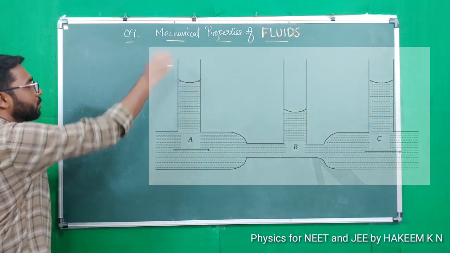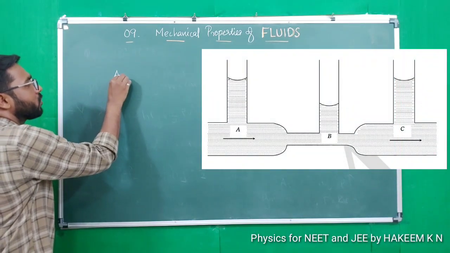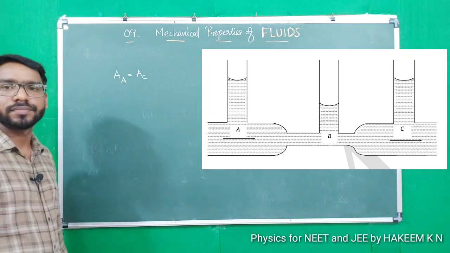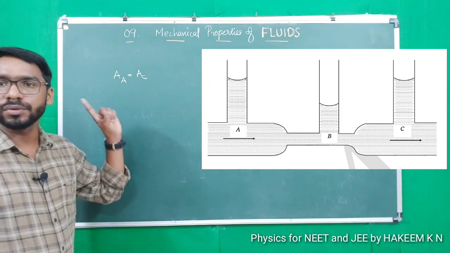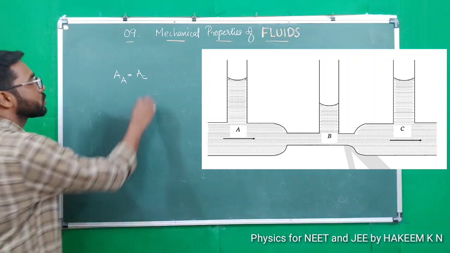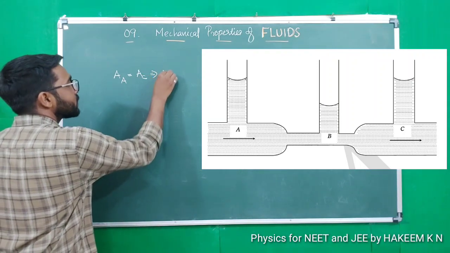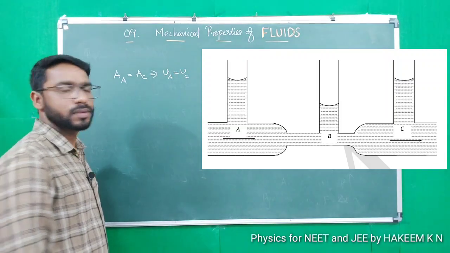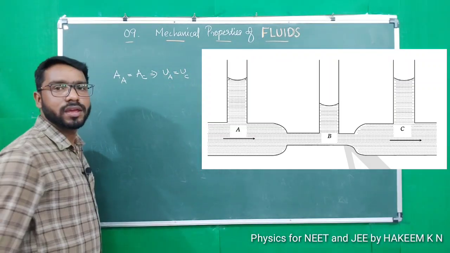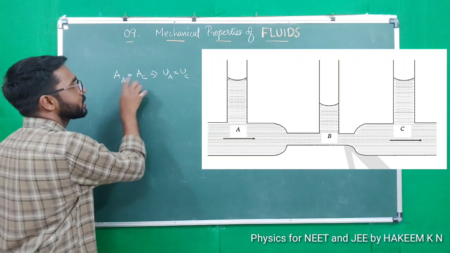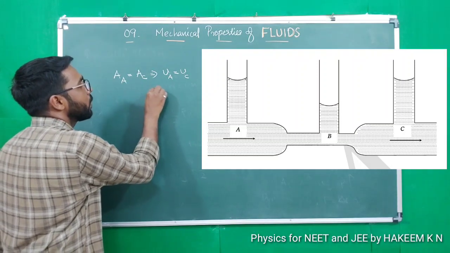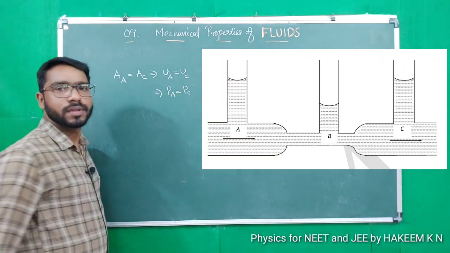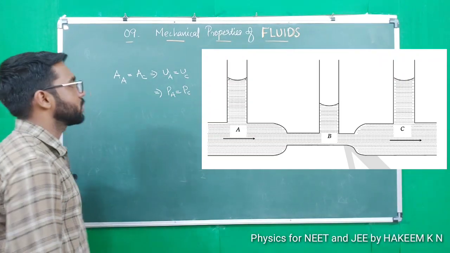According to the diagram, area at A equals area at C, so velocity at A equals velocity at C. Area is the same, velocity is the same, so pressure at A equals pressure at C.